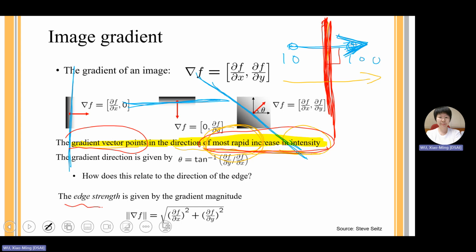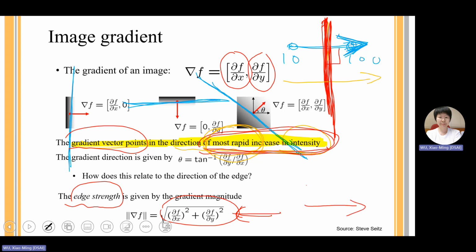So the edge strength is given by the gradient magnitude. The gradient magnitude computes how rapid the changes are, how significant the changes are along the x direction and along the y direction.